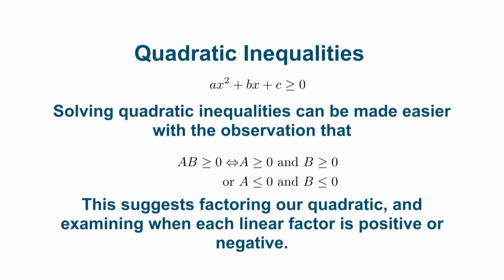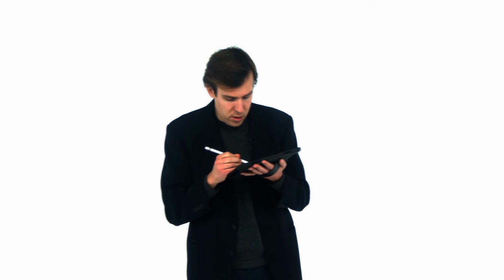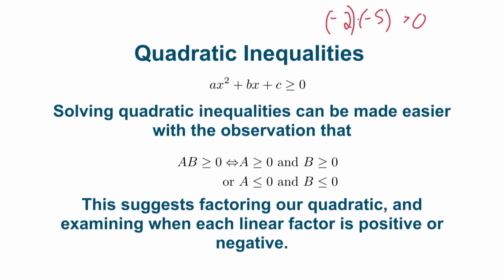So for example, minus 2 times minus 5 is greater than 0 because there are two negative signs there, so they cancel each other out. That would be this case here. This is like two negative numbers, and this would be two positive numbers.